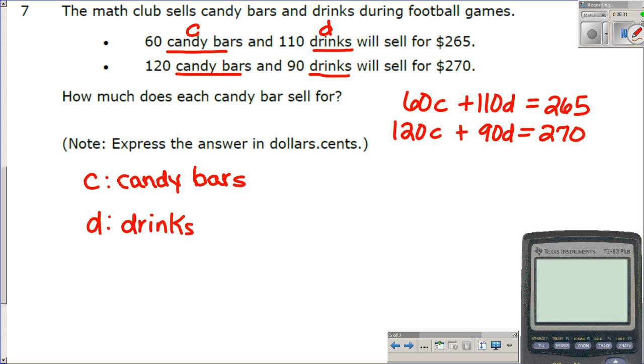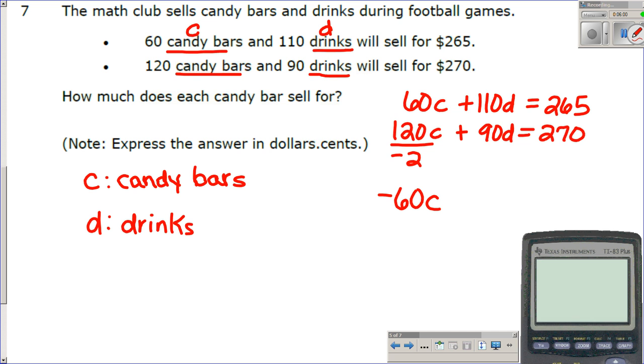The best way to do elimination is when we have opposite coefficients of one of our variables. I noticed there is a relationship between 60 and 120. So if I want to get smaller numbers to work with, I could go through my bottom equation and divide everything by -2. If I divide by -2, 120 divided by -2 is going to simplify to -60c.